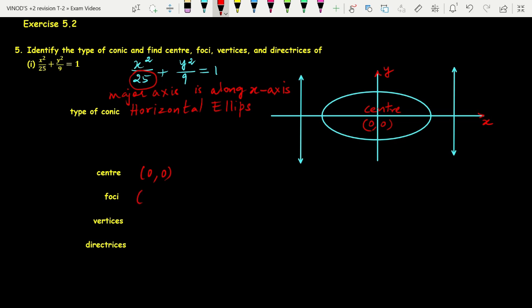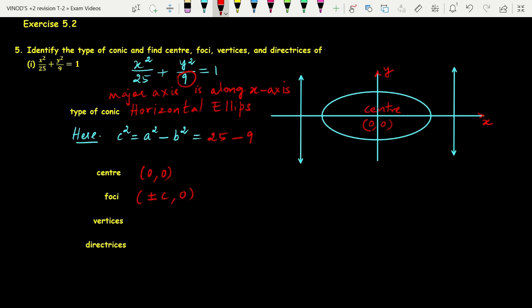Foci, the formula for foci is plus or minus c, 0. What is your c square? C square is equal to a square minus b square. A square is 25 and b square is 9.